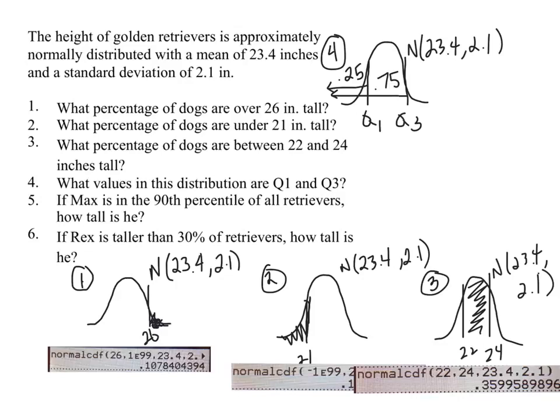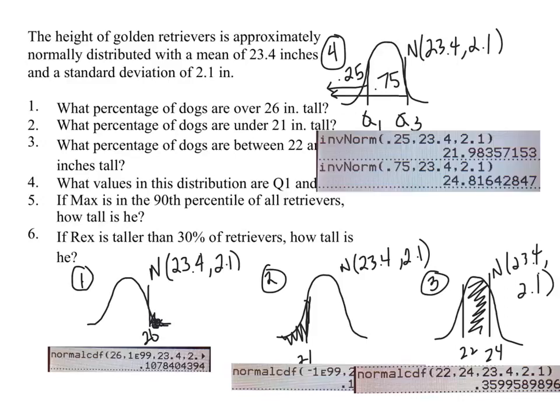In this case, we want an actual height of a golden retriever. So it's not going to be a percentage or a proportion, it's going to be a height. For that, we use inverse norm, which is in that same VARS menu. Let me pull up that work. You're going to put the proportion below.